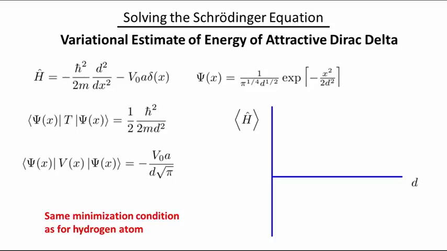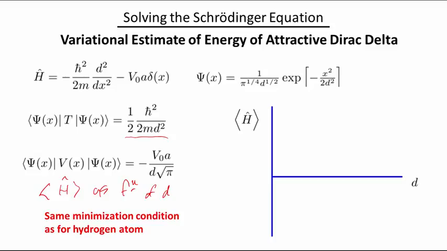So let's go and complete the problem. We're going to calculate the expectation value of H as a function of d using our trial function. Okay, so we have this expression for the kinetic energy: h bar squared over 2md squared. Now let's recall what it must be for the contribution of the potential energy.